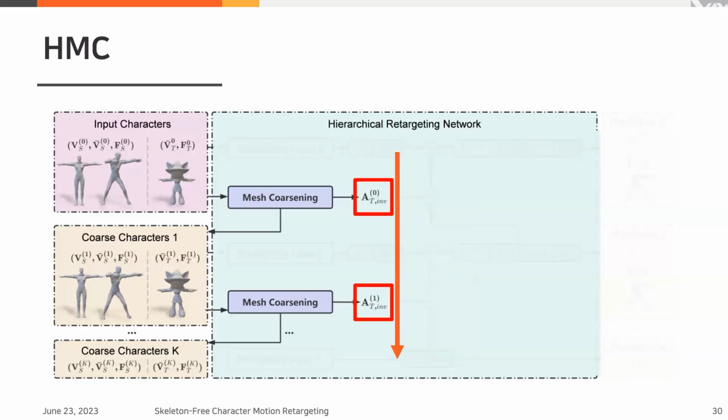In addition, an approximate assignment mapping A between the vertices of the high resolution and low resolution meshes is also computed to ensure continuous mapping between these two meshes that can be lost in the coarsening process. For more details about A and how to compute it, please refer to the paper.